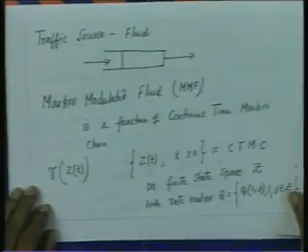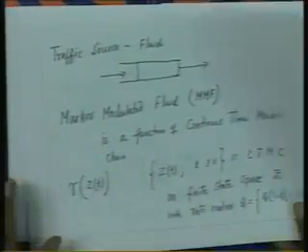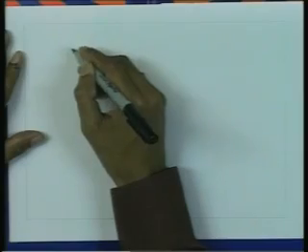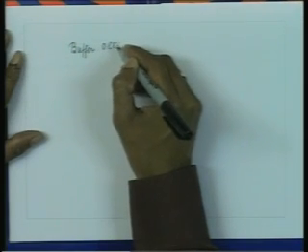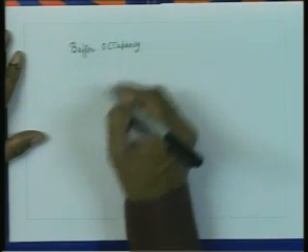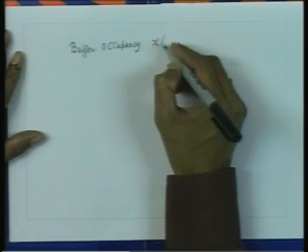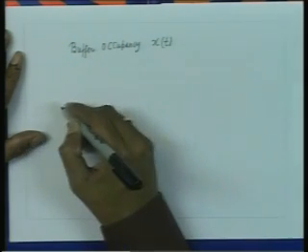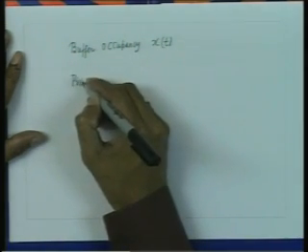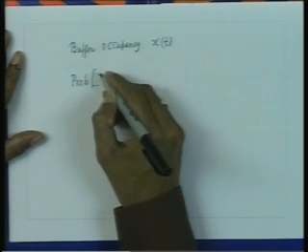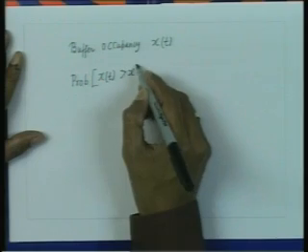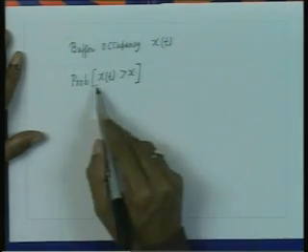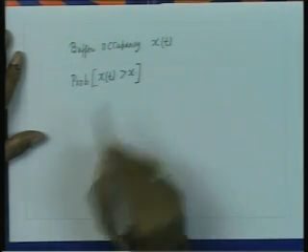Naturally our question is, if the buffer occupancy is denoted by xt, what is the probability that xt, this buffer occupancy, is greater than x? This distribution we would like to know.